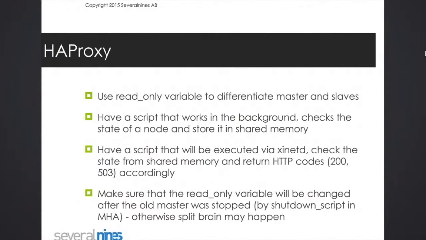What you can do is use the shutdown script variable in MHA config, and pass a script to this variable to handle this kind of situation. That's definitely something you need to keep an eye on.